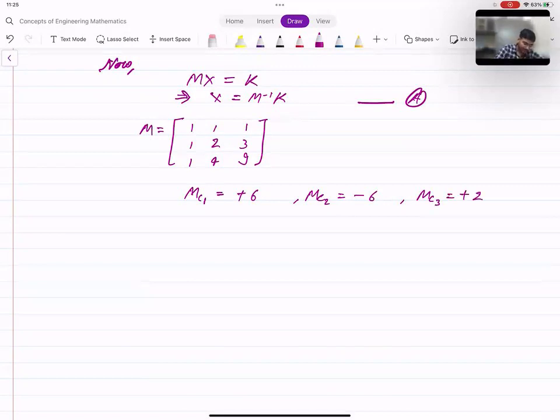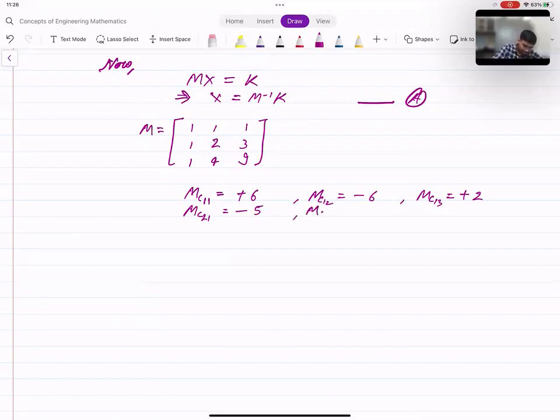Then we have MC21. This is for row 2, column 1, so this will be negative, with the first row and first column deleted from the remaining. So 9 minus 4 is 5.